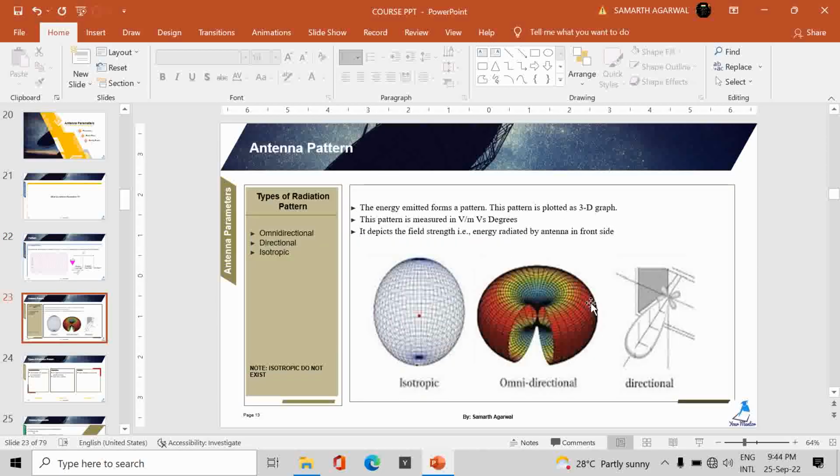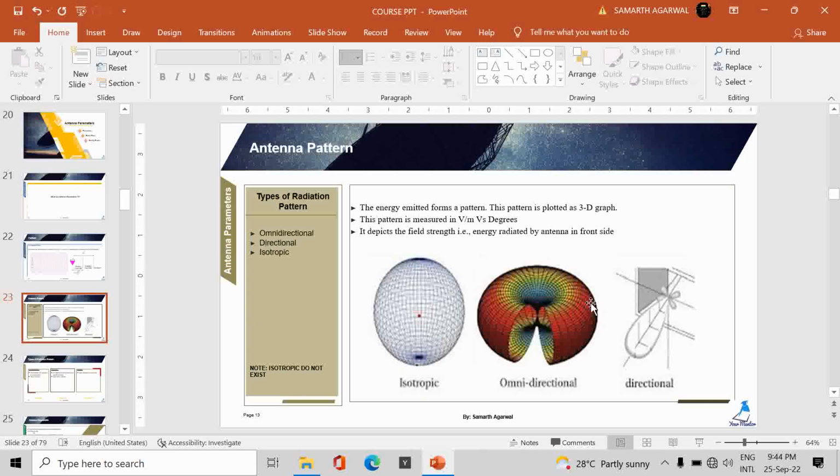Now, when this radiation occurs from the antenna, meaning the emitting of the field, it will form some pattern. These patterns also have some shapes, and the types of patterns are isotropic, omnidirectional, and directional.